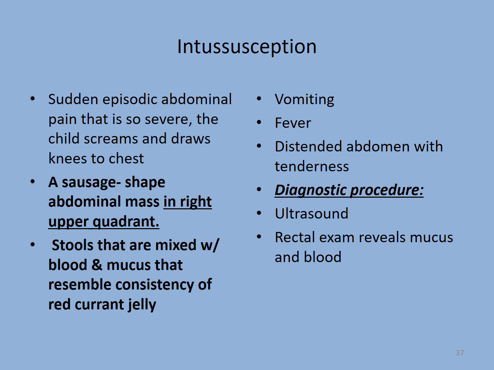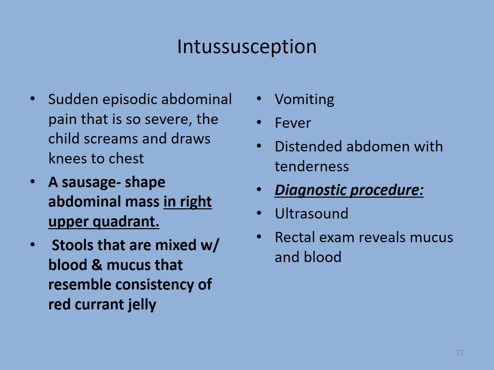So the next thing you can do is look at their tummy, and there is a sausage-shaped abdominal mass, again in the right upper quadrant. Okay, so remember, pyloric stenosis is the olive, and this is actually a sausage-shaped mass. You can see the intestines is what you're seeing.